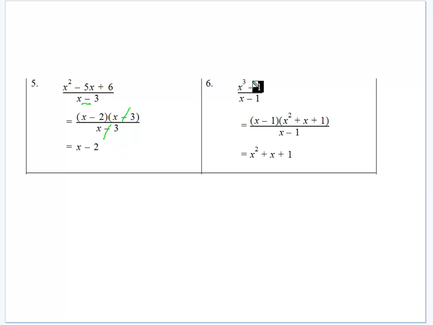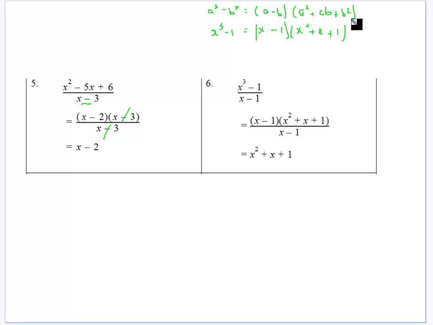And then this one, we're going back to the rule. You've got to remember, x cubed minus 1 will give us an x minus 1, x squared plus x plus 1. Remember, we're using the a cubed minus b cubed rule. So it'd be the a minus b and a squared plus ab plus b squared.